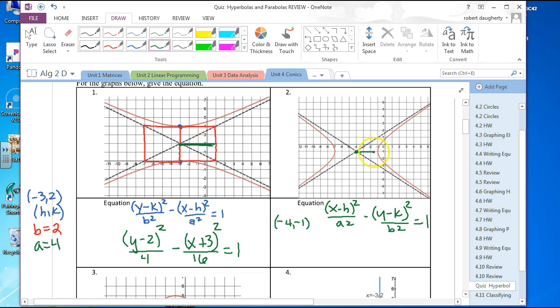I can tell that a is 1, 2, 3, so a is equal to 3, and if I construct this box, I will see that b is equal to 2. So this equation is simply x plus 4 squared over 9 minus y plus 1 squared over 4 equal 1.